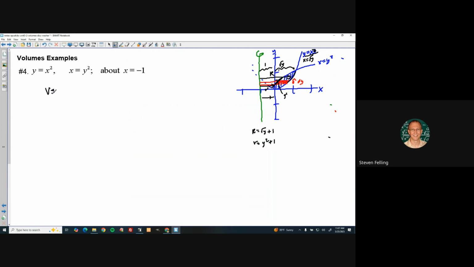I've got 2 integrals here. So from a to b of pi big R squared dy minus the hole, which is pi little r squared dy, to make a washer. And so the big R, we said, is the square root of y plus 1, so it's pi times that squared dy. And then we'll subtract out an integral of pi times little r squared, which is y squared plus 1 squared dy.